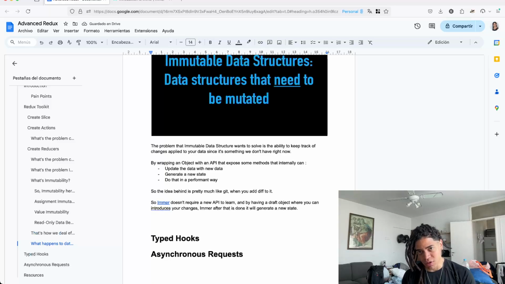When a particular value is changed, it detects that, applies those changes to the draft object, and when that is done, provides you the next state. That's something interesting, and they're using the proxy object for that.